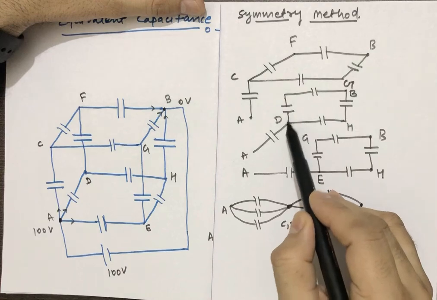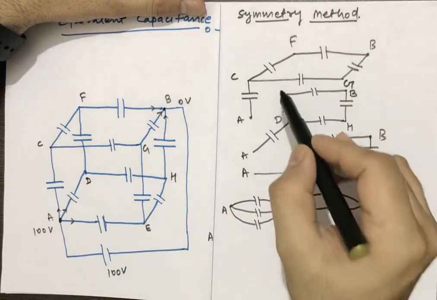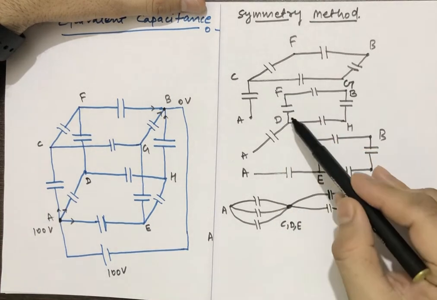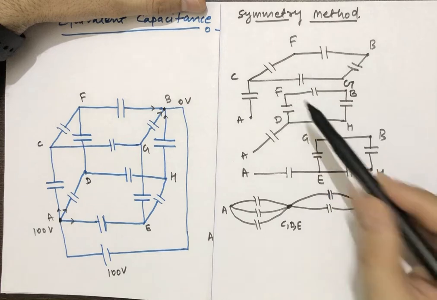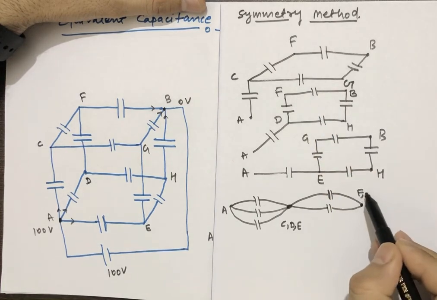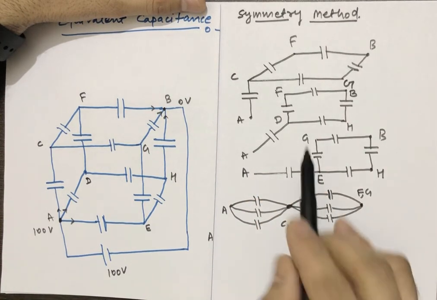For the second symmetry, we have, yes, here is the point which is your F point, right? So D to F, because I am writing here, this is the F point and this is your G point as well. So D to F, one more capacitor.